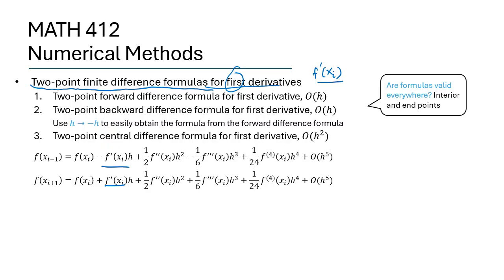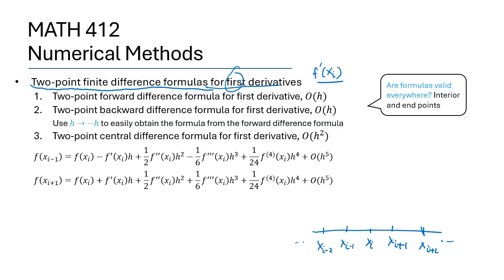When we derive a finite difference formula for derivatives, we use points x sub i plus 1, x sub i plus 2, and so on, and x sub i minus 1, x sub i minus 2, and so on.